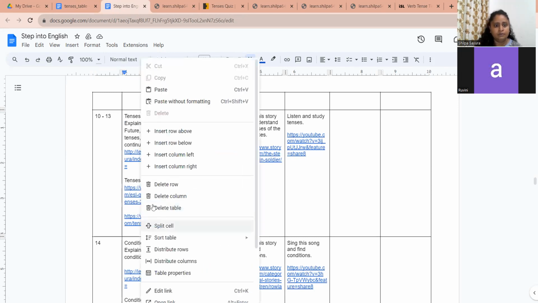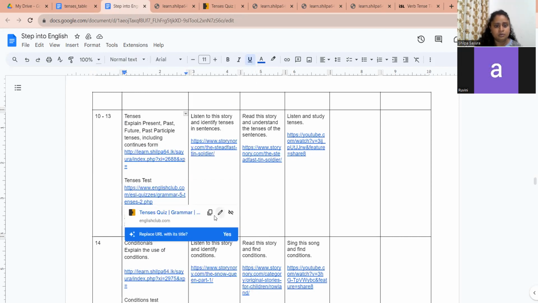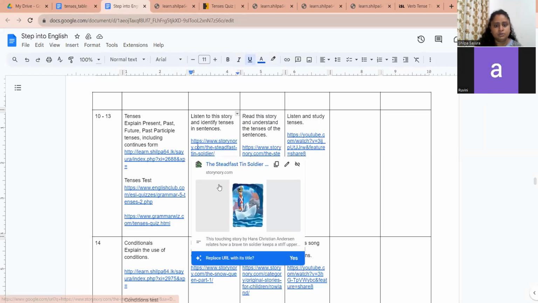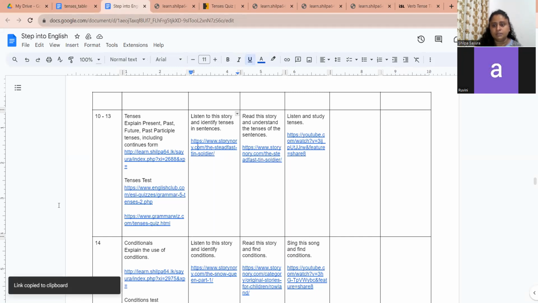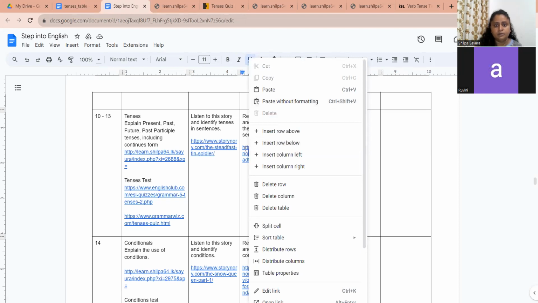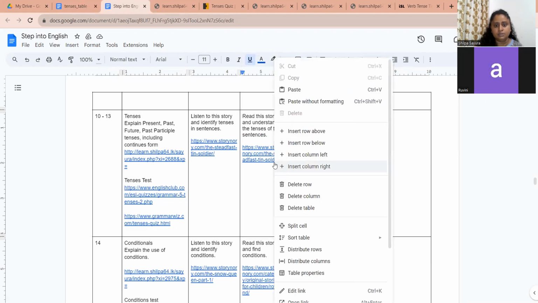And also I will share the tenses and also additional resources like listening to stories and finding the tenses and how they have been used. And just as these are additional resources, online resources.